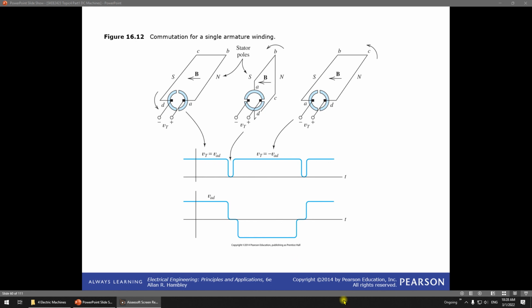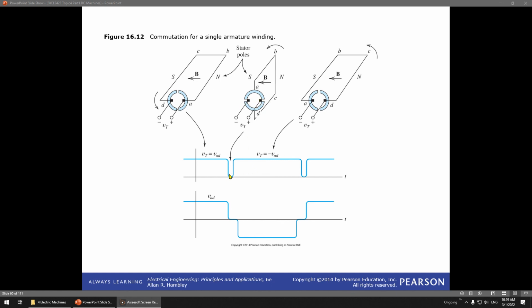Then at the separation of the commutator, the voltage drops. VT is not equal to the same value, because between the brushes and the commutator there is no connection, so the circuit is not complete.